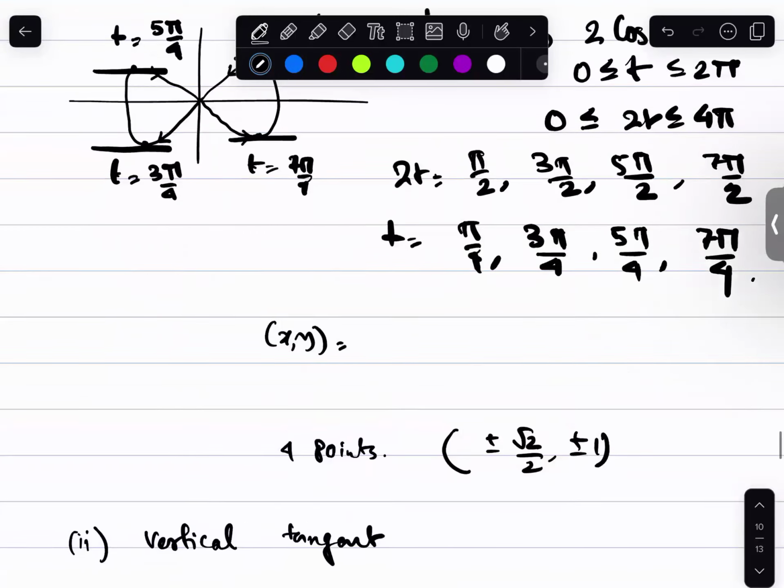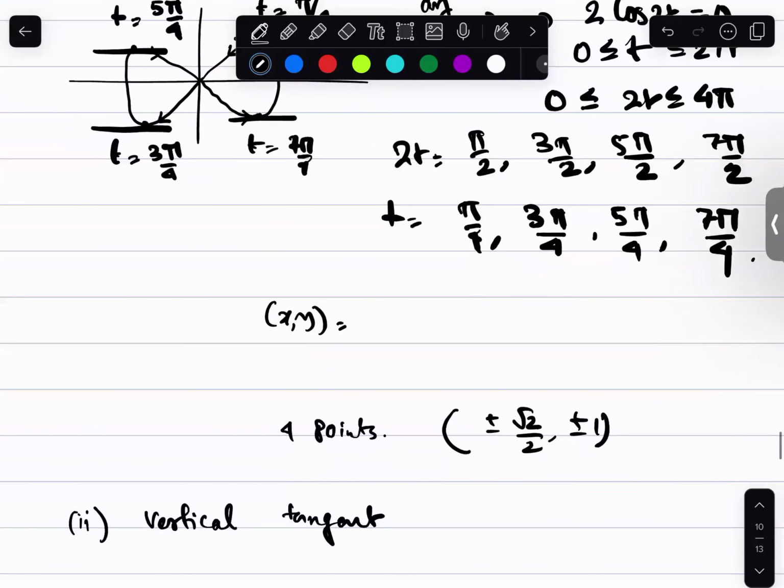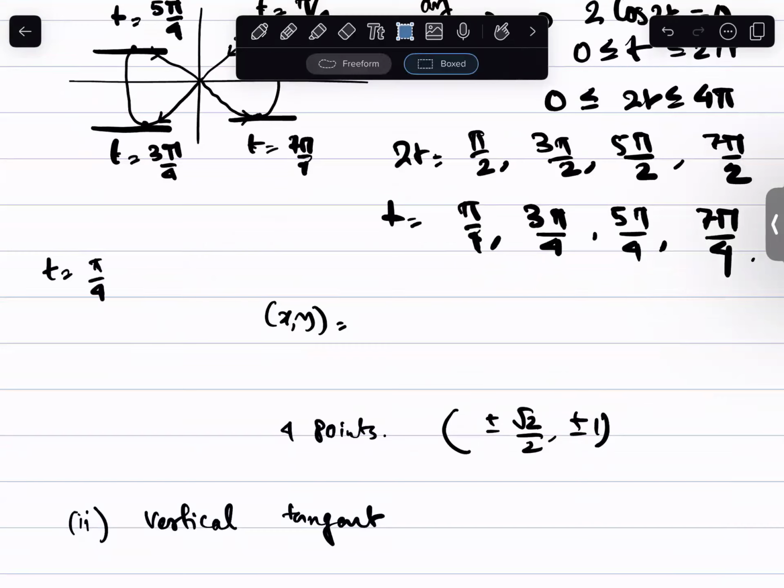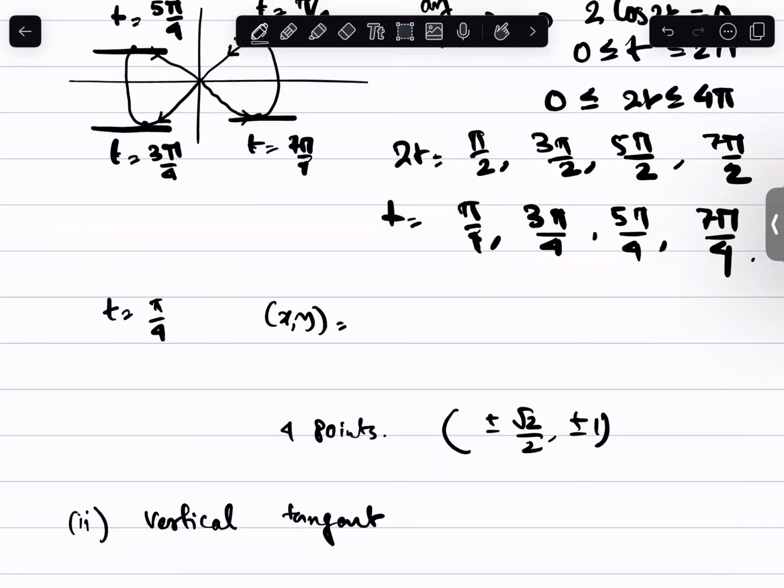So I can see that at t equal to pi over 4, my x, y, this point will be cosine pi over 4, sine pi over 2, right? Which is just square root 2 over 2 comma 1.